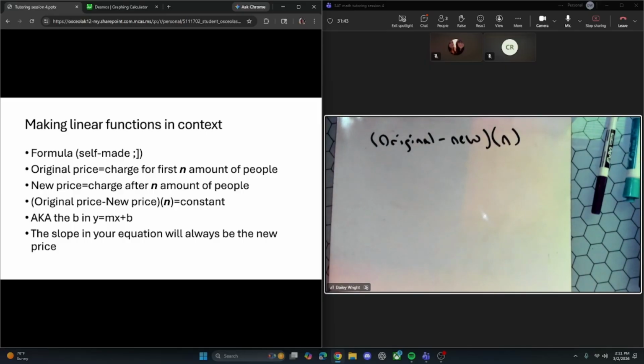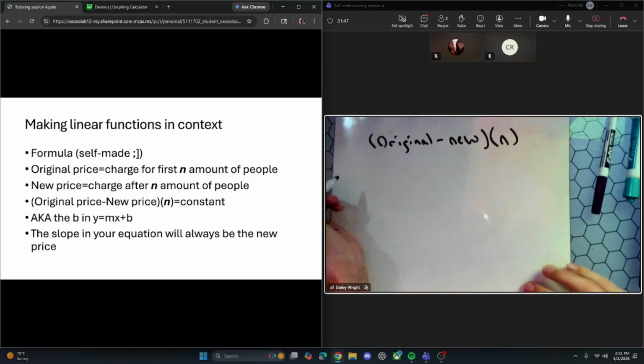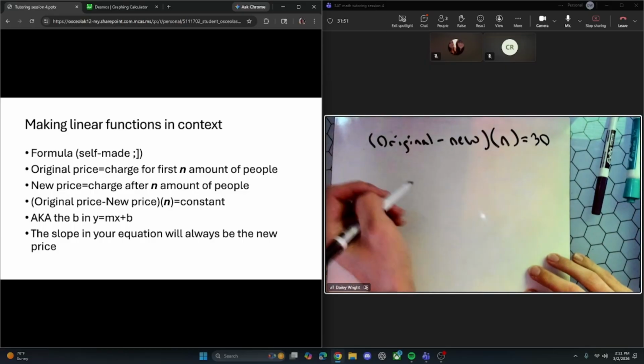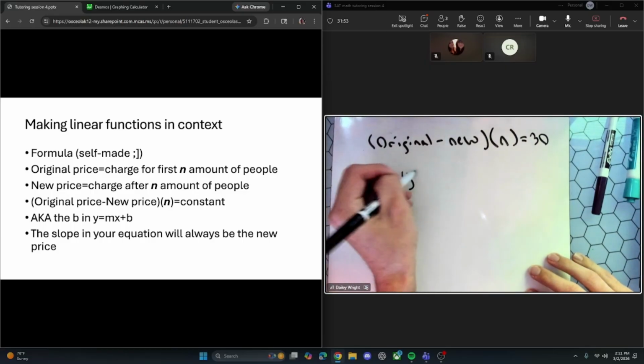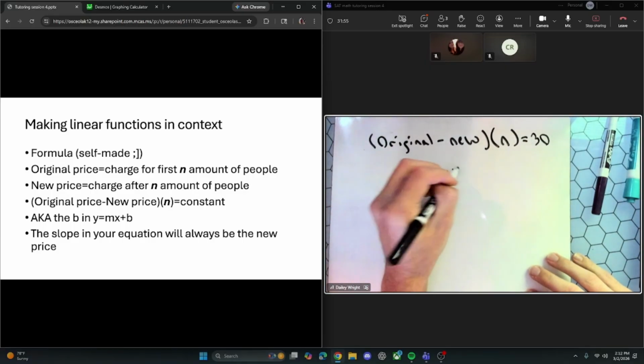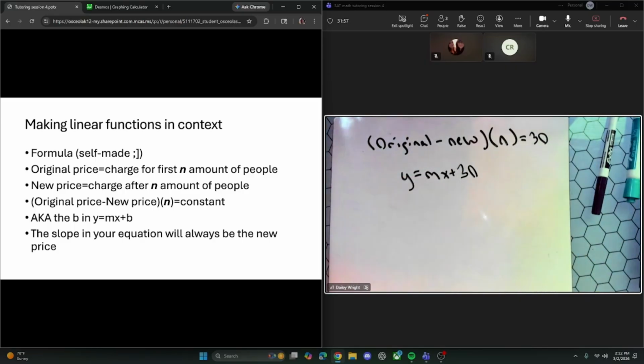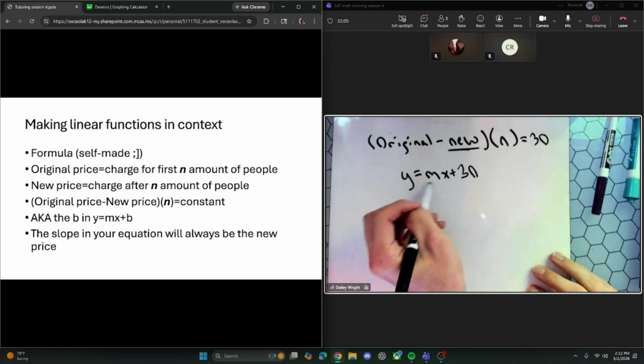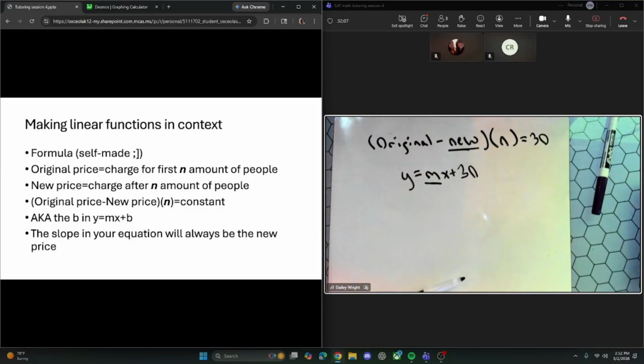It's going to give you what you would see as the b in your y equals mx plus b. So let's say this was all equal to 30, then you would have y equals mx plus 30. And then the slope in this equation is going to be the new price.